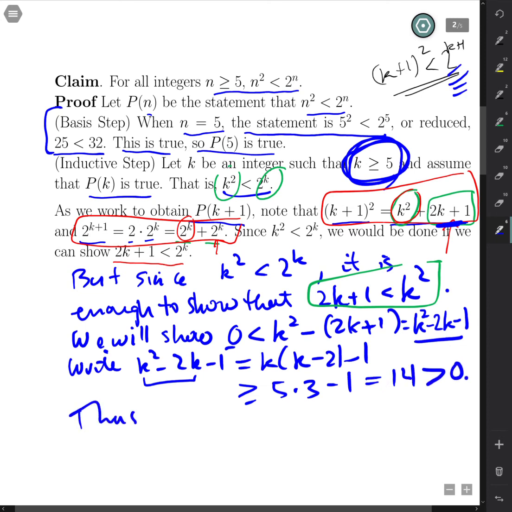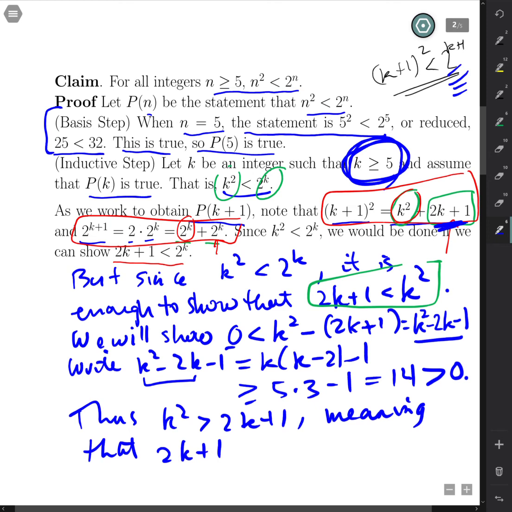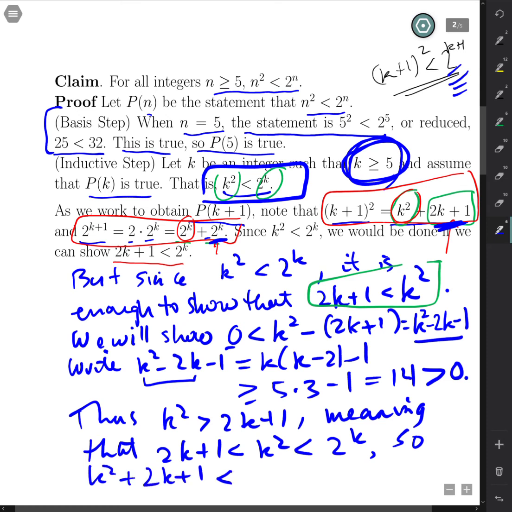Thus, k squared is bigger than 2k plus 1, meaning that 2k plus 1, the thing I wanted to show was less than k squared, is less than k squared. But under our assumption up here, k squared is less than 2 to the k, so k squared plus 2k plus 1 is less than k squared plus k squared, which is less than 2 to the k plus 2 to the k.